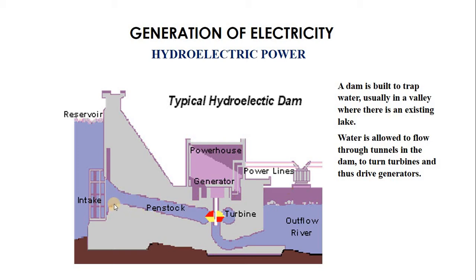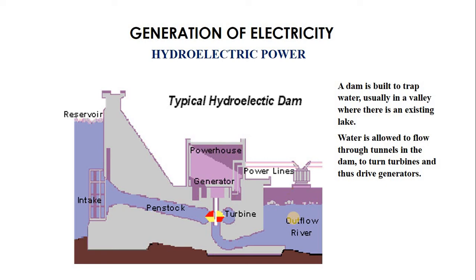So what happens once the intake is open? We expect that water should rush through the penstock at high pressure to hit the turbine blades to cause the turbine to turn, and this turbine is coupled to a generator which generates electricity. And then after hitting the turbine blades, the water comes out from the outflow river or the tail race, basically.